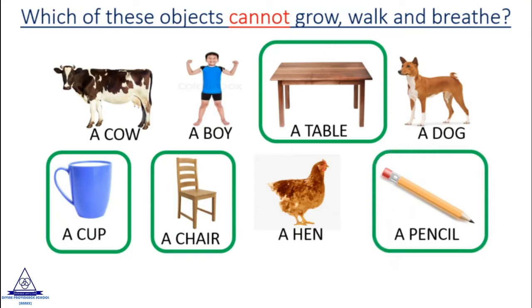And our last object is a pencil. Can your pencil grow? Can it walk? Can it breathe? No, the pencil cannot grow, it can't walk, and cannot breathe. Good, learners. So you can see the objects in a circle.